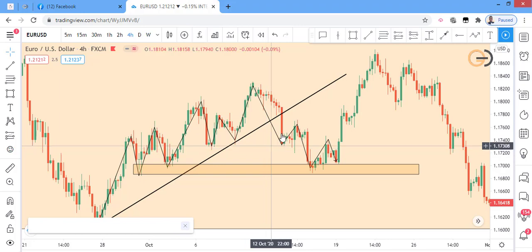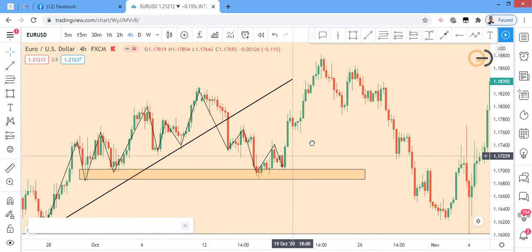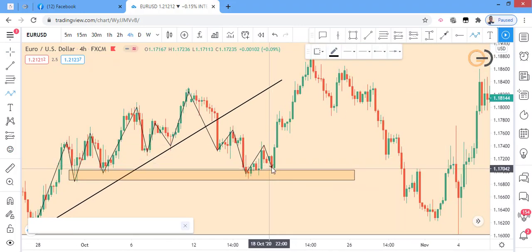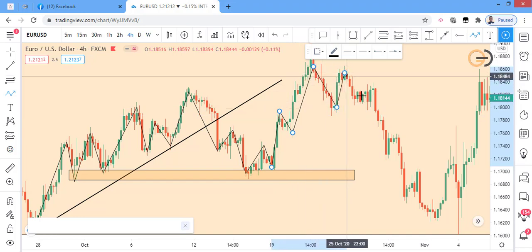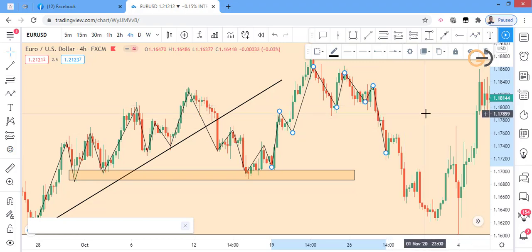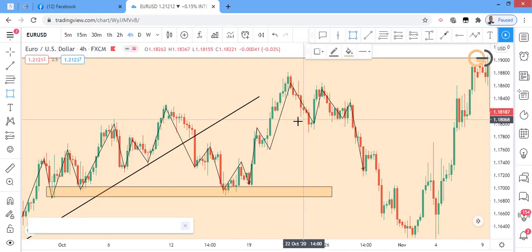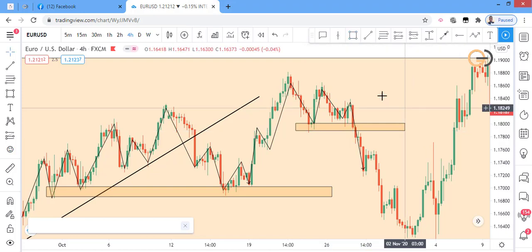So this could just be a manipulation or something else. Alright, and then you could see the push up again. Boom, started forming another structure, and then the structure was broken. This low was broken. And what do we see when the low is broken?